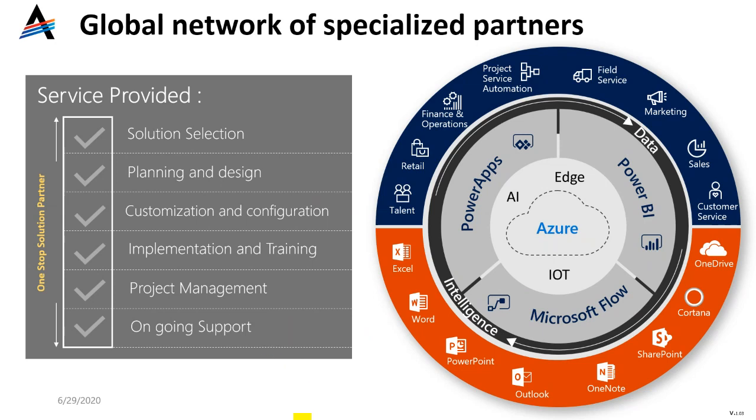In terms of the solution that we're offering, fundamentally it is mainly business applications, ranging from customer service, sales, marketing, field services, project service automation, finance and operations, which is now termed finance and supply chain management, retail, as well as talent, now renamed human resource management.